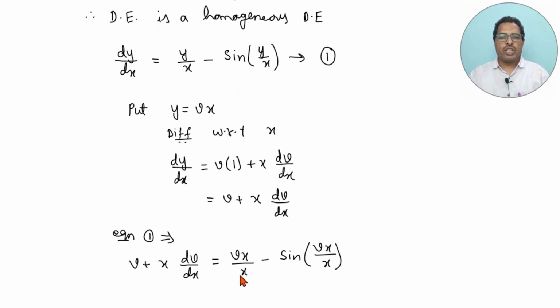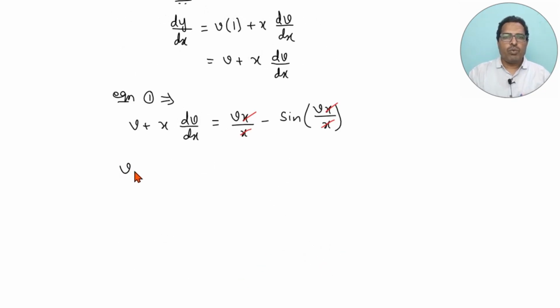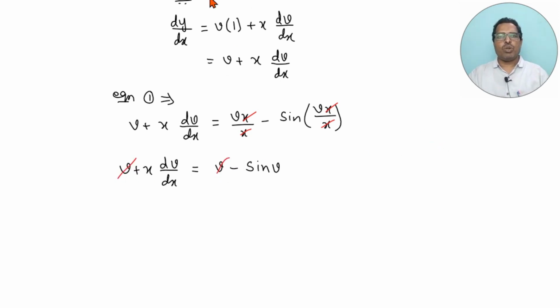The x cancels out, and we are left with v plus x into dv by dx equals v minus sine of v. The v on both sides cancels out, and we are left with x into dv by dx equals minus sine of v.